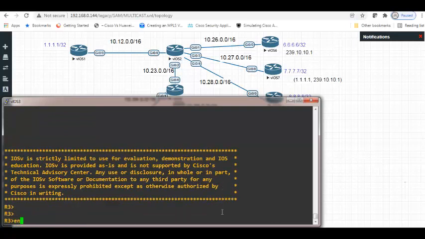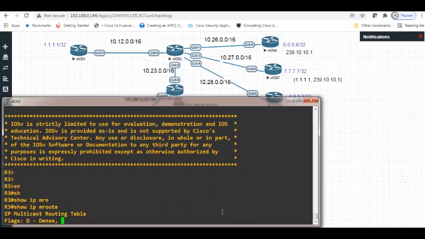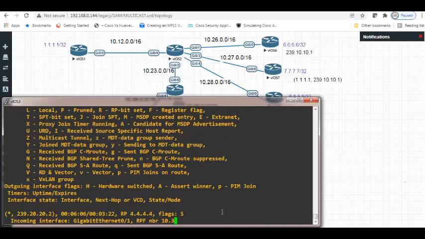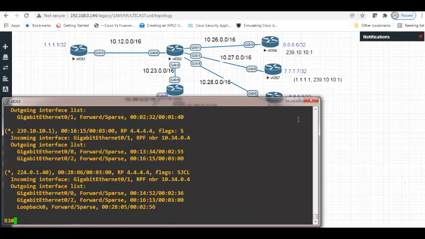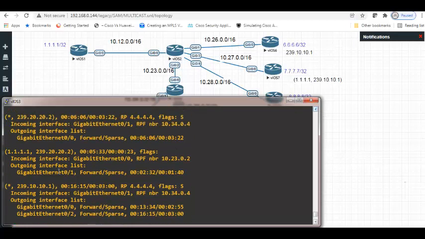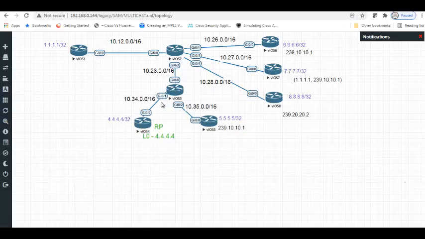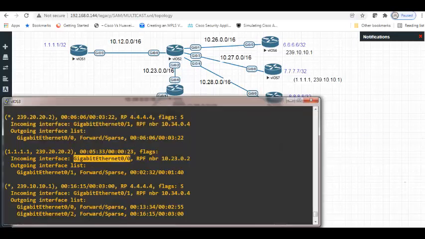Show IP mroute. See, the incoming now is G00. It is not G01. But earlier, when we tested before pinging, I showed you here it was G01 towards the RP. Yes or no?